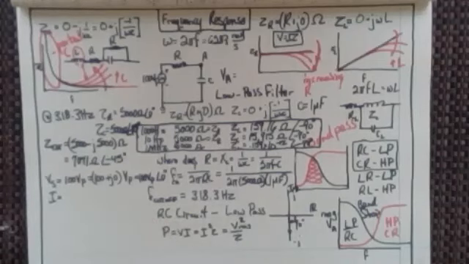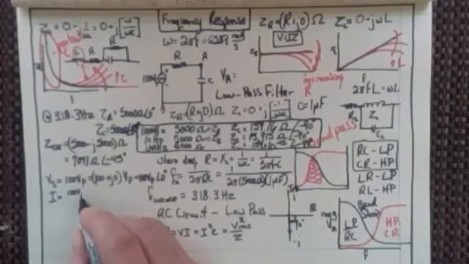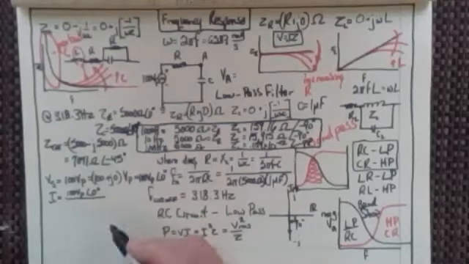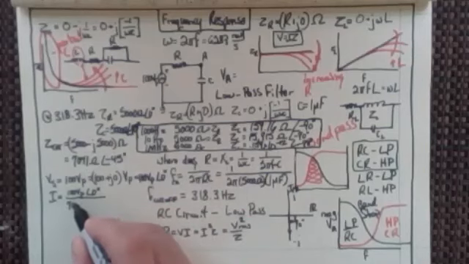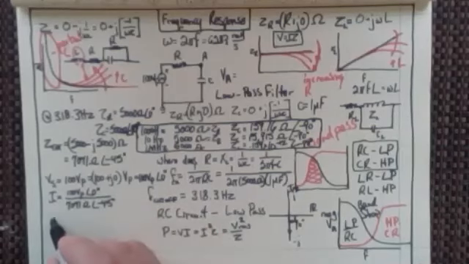So look at our peak voltage. My peak current now is just going to be my voltage divided by my impedance. So it's 100 volts peak at an angle of 0 degrees divided by the impedance I've got there, which is 7,071 ohms at an angle of minus 45 degrees.